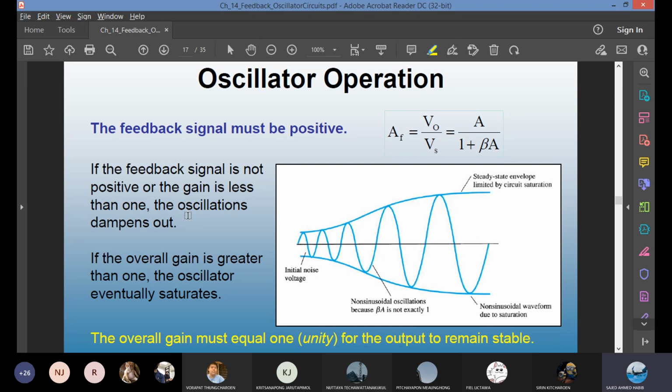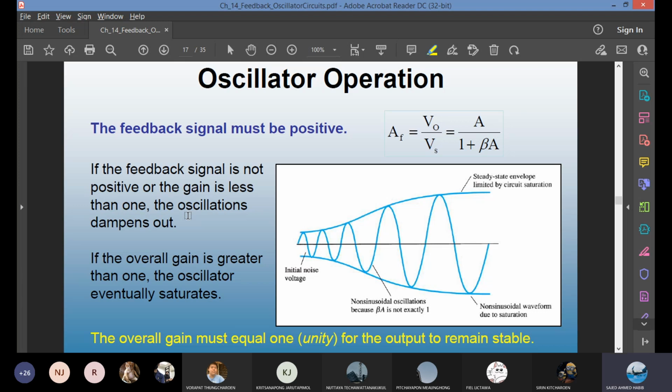If you want to make an oscillator by using feedback, you need a positive feedback signal. You cannot have a negative one. With a negative feedback signal, you cannot have oscillation. You can have some correction, for example, a PID controller in the factory.